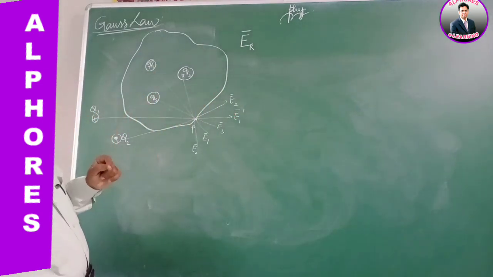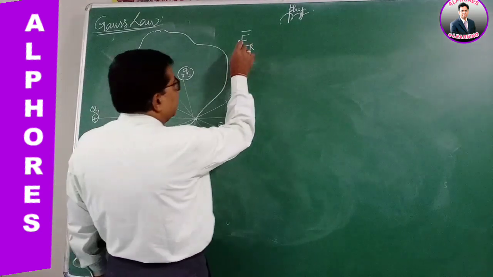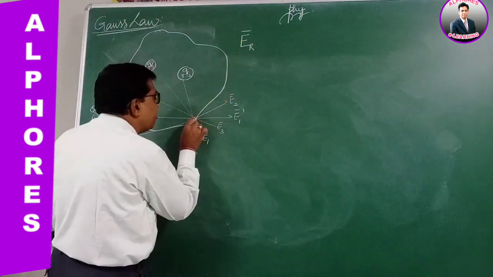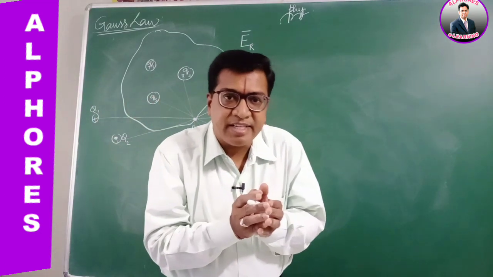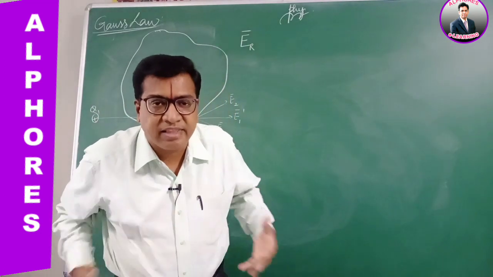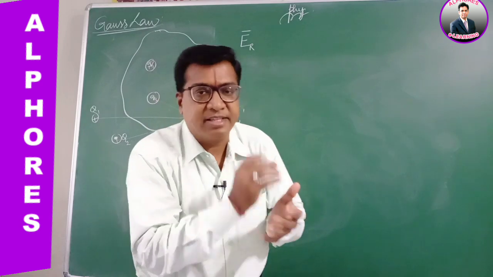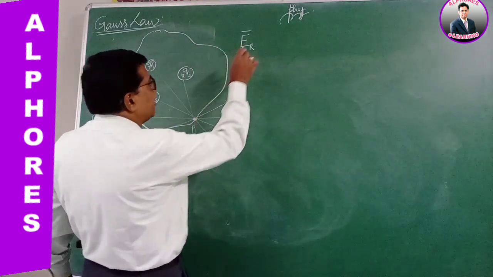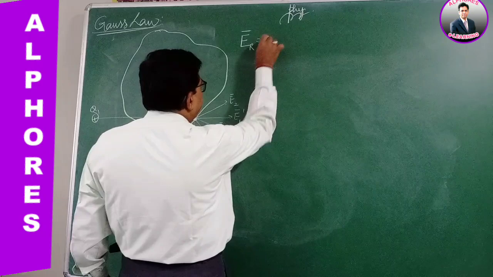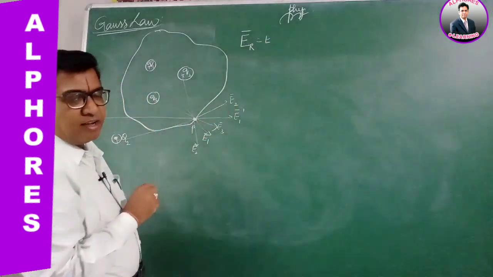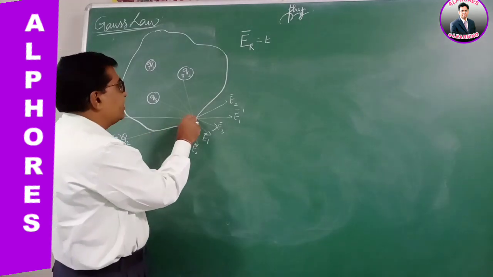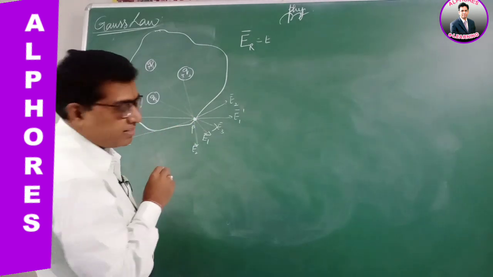So according to the principle of superposition, we know the total resultant electric field at any point is the vector sum of all the electric fields that are produced at that point. It is the vector sum of all the electric fields that are acting at that point, taking all of them simultaneously, right?